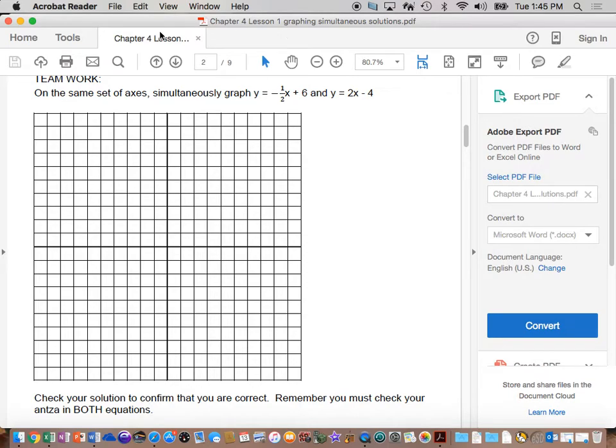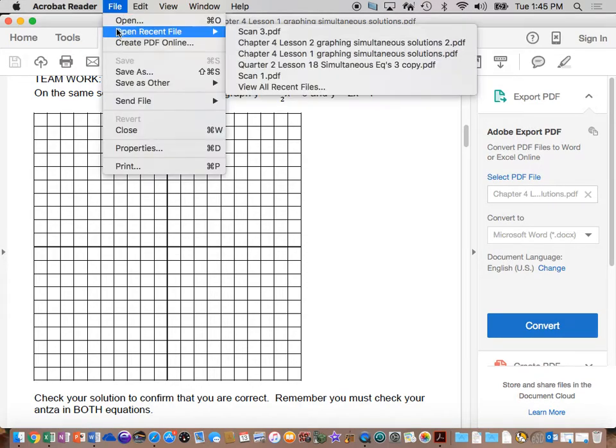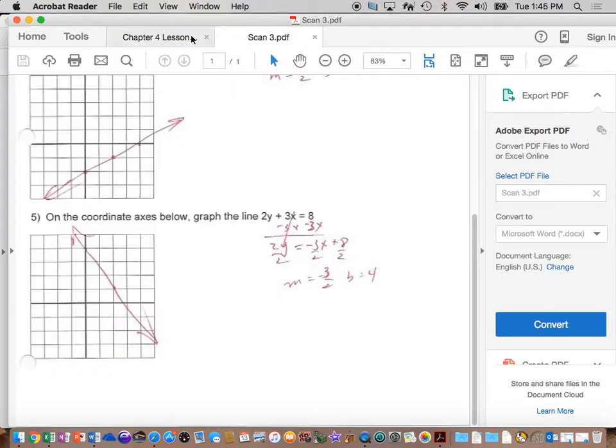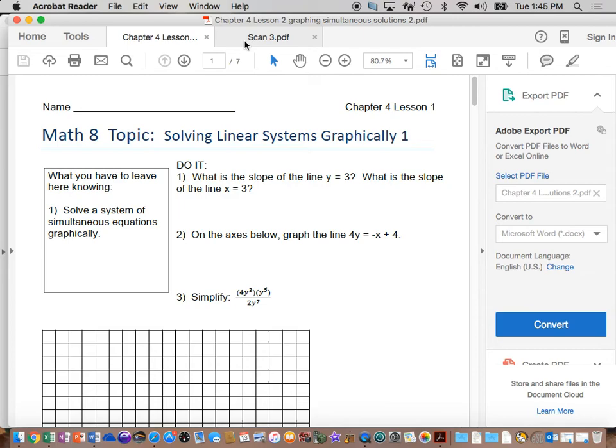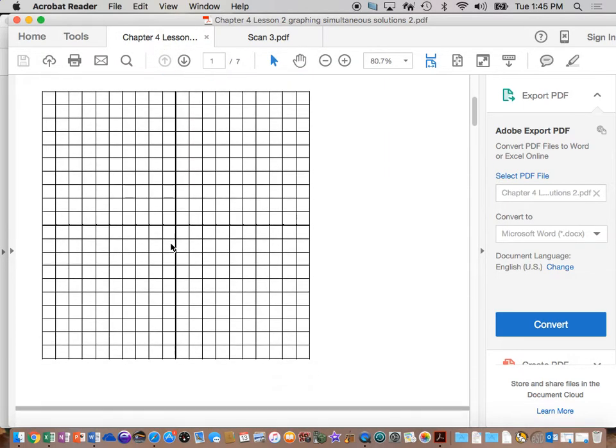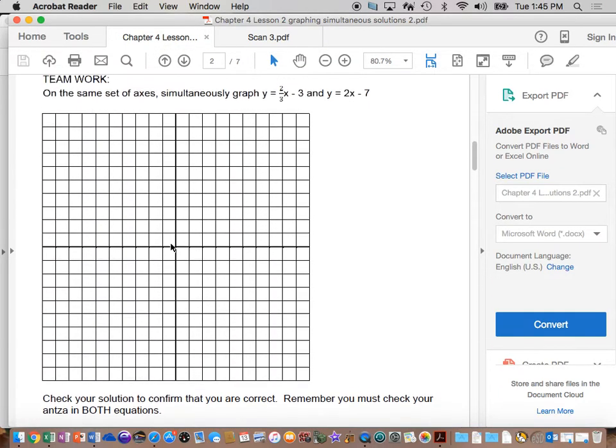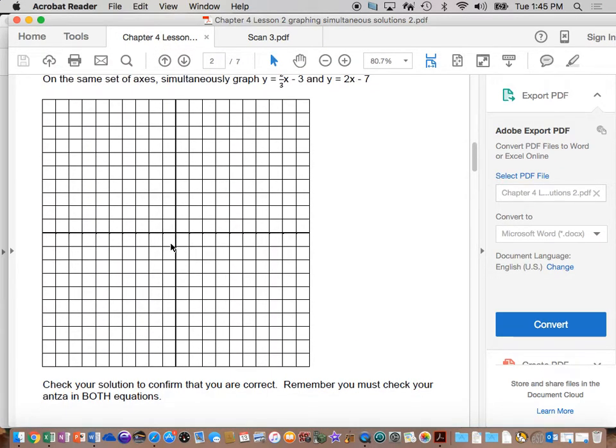I did the wrong graph. Oh yeah, I did the wrong graph then. I did the wrong one too. I did this one. That one is the wrong one. That's okay, it's the other sheet.